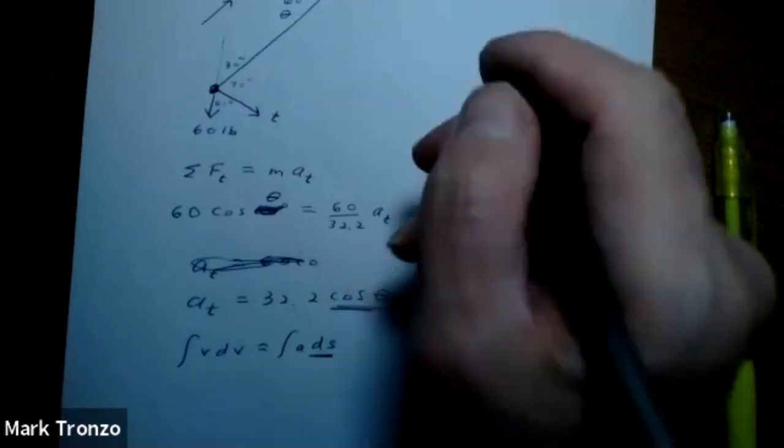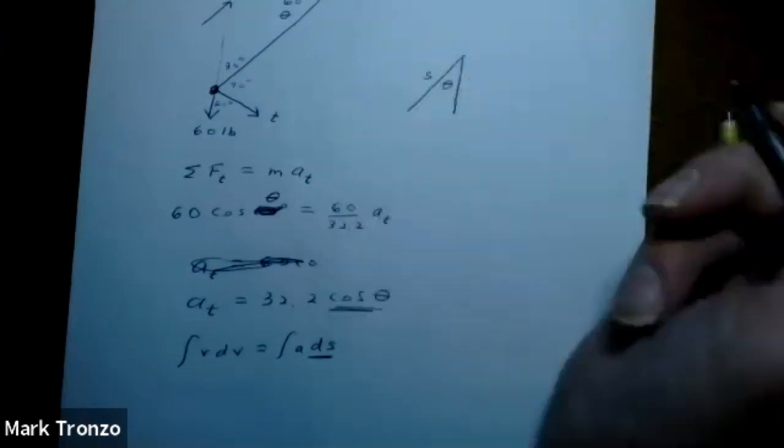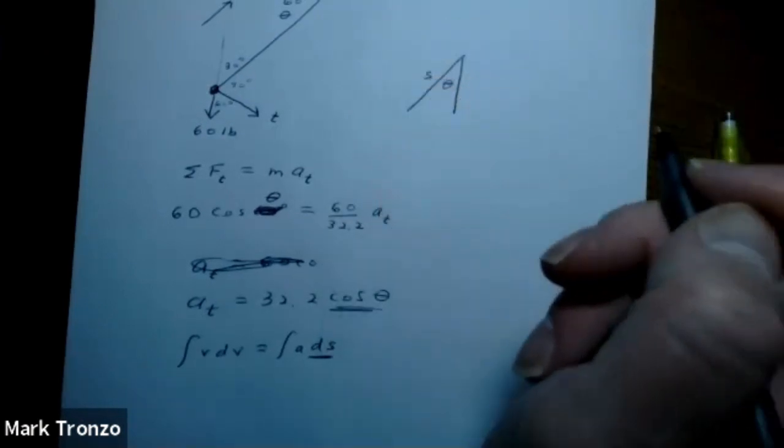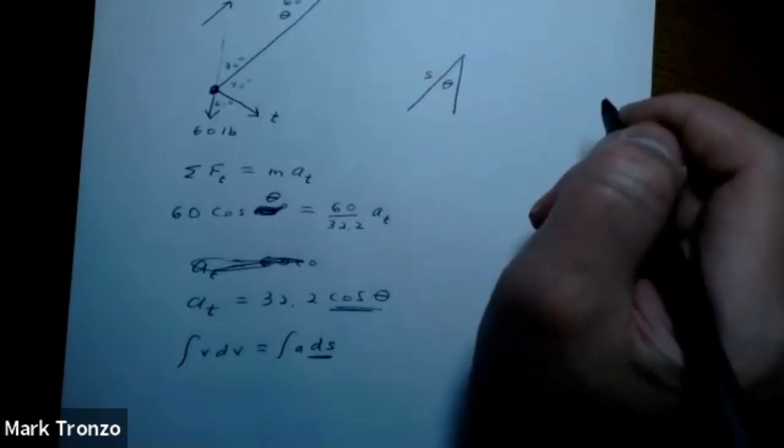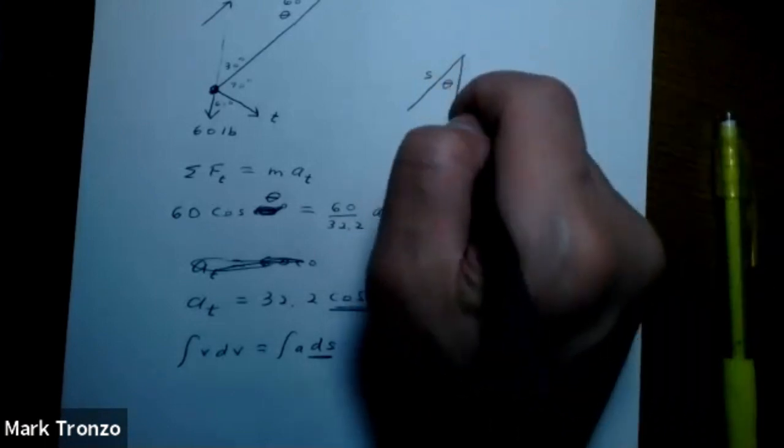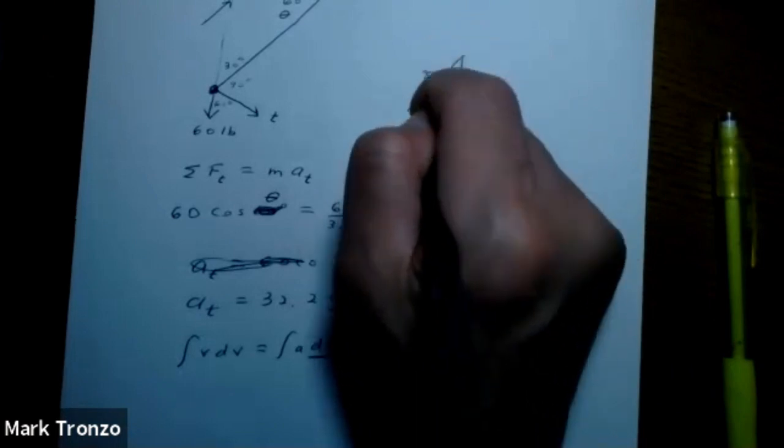Now if you think of a small change in an angle, and let's say you have a distance S, the S would be down here.